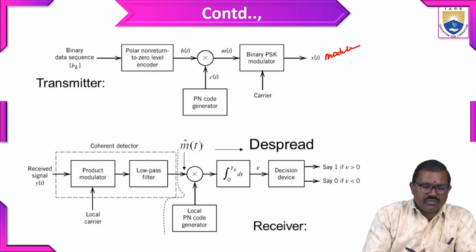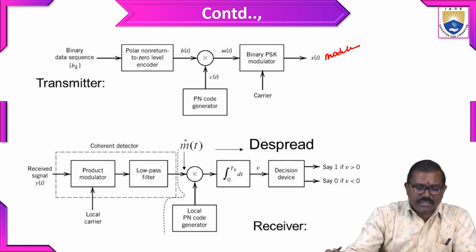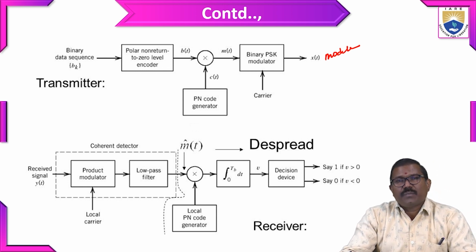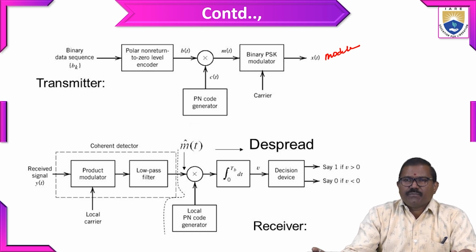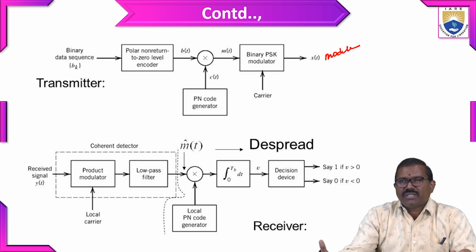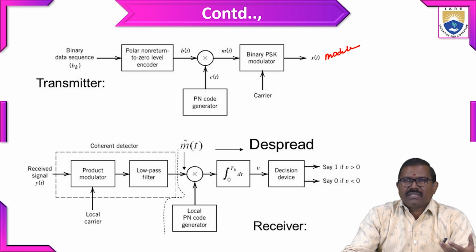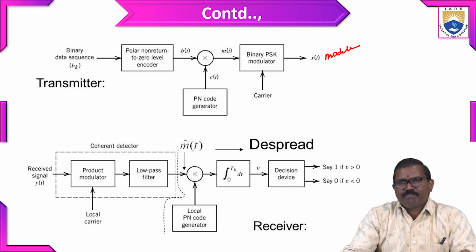Y of t is the received signal, applied to the coherent detector. In this coherent detector we have the product modulator, a low pass filter, and then we apply the local PN code generator, because the transmitter also uses a PN code generator. The same one used in the transmitter is used in the receiver, and then despreading is done.